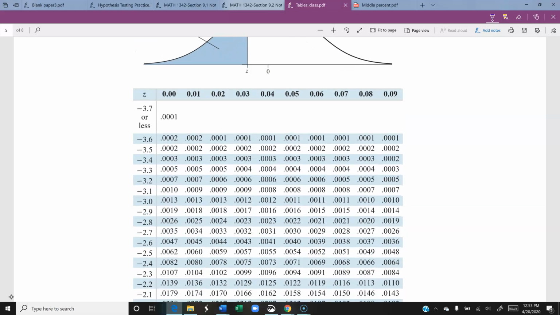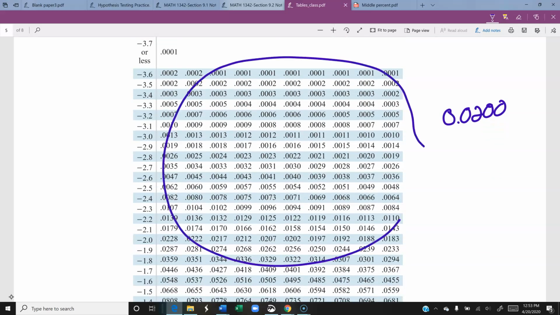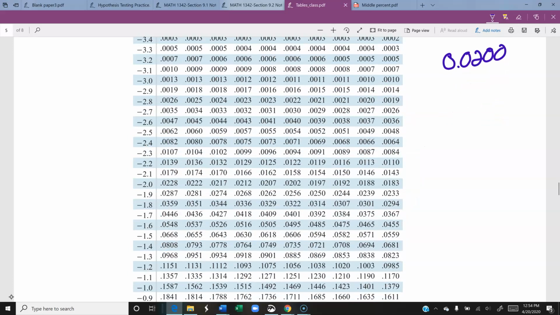And we had a 0.0200. That was our percentage. That's our probability. I'm going to look for that in the center of the chart and follow that out to the z-score that it represents.